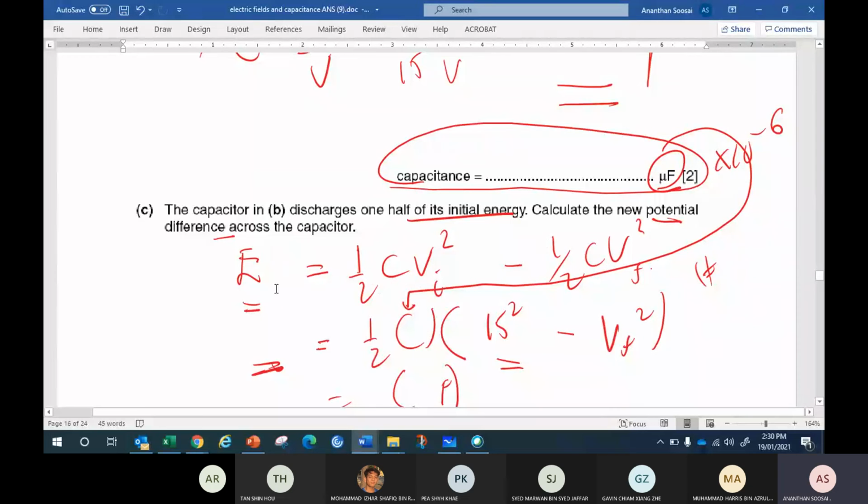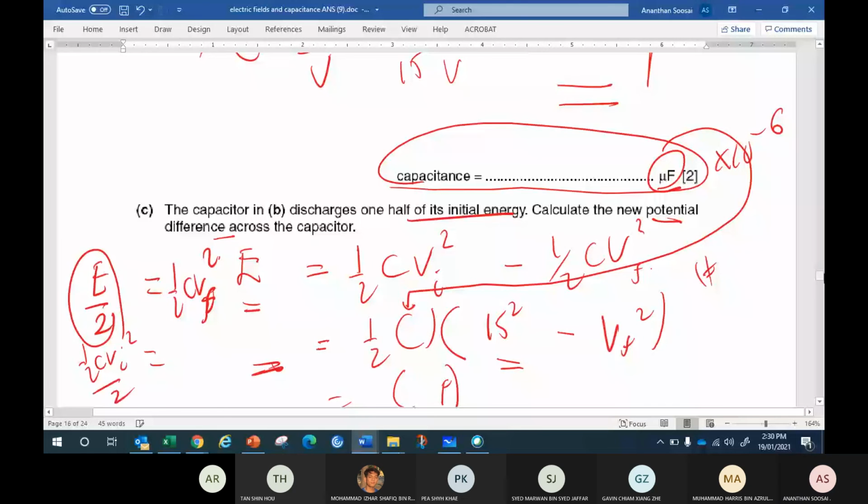So when you bring it to the other side, it's half of the energy, half CV squared. So it's going to be half of the original energy. Half of the original energy should be the final half CV squared. So how do you find the half of this? Half CV initial squared. So from here you can work out the final voltage.